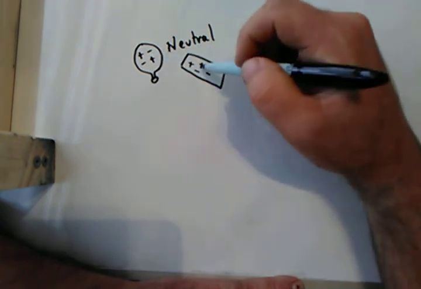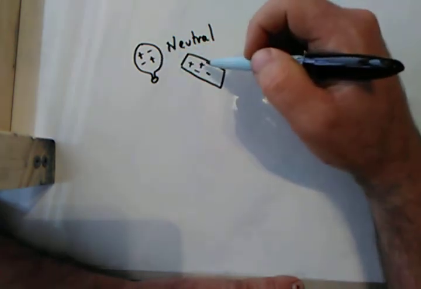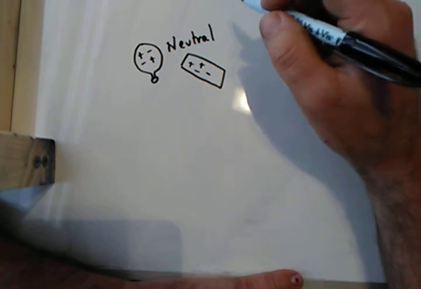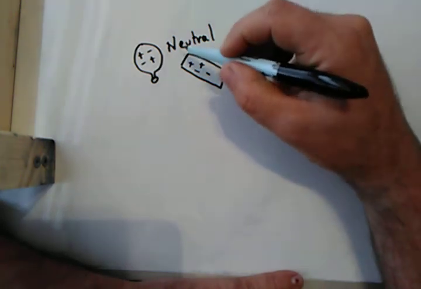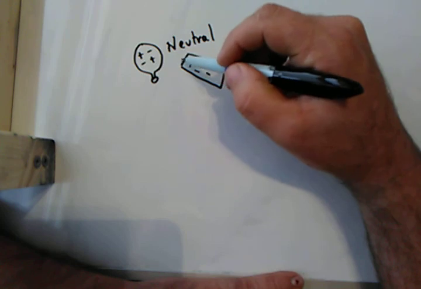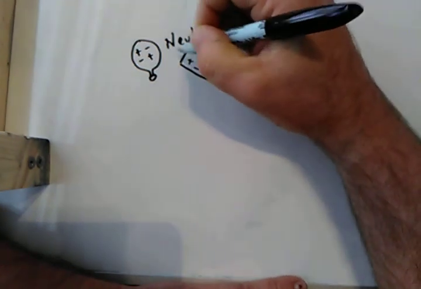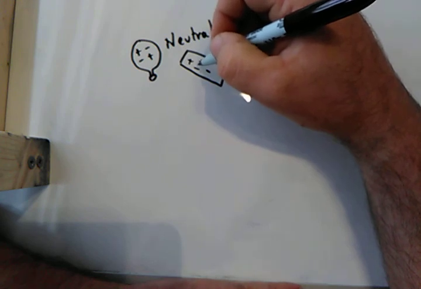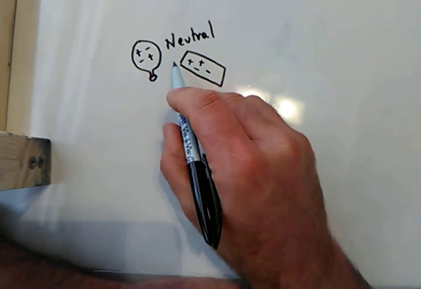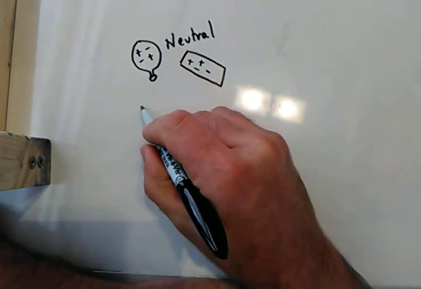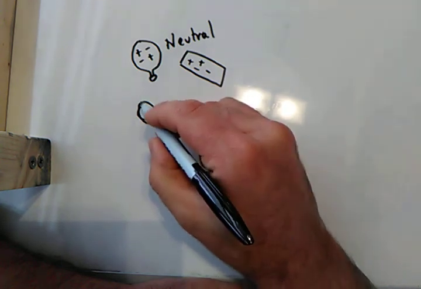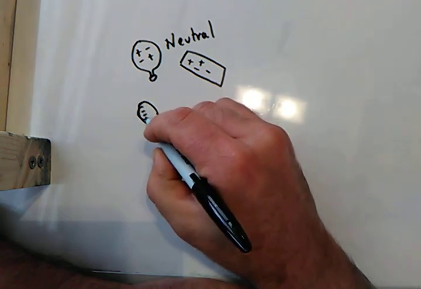Now, something interesting happens when I take these two objects and make them interact with each other. First of all, the energy that I have when I rub this object on this object actually allows for the transfer of electrons. So if I rub these objects together, the result, again, forgive the drawing, may be something like this.